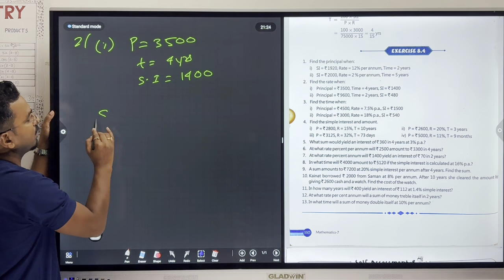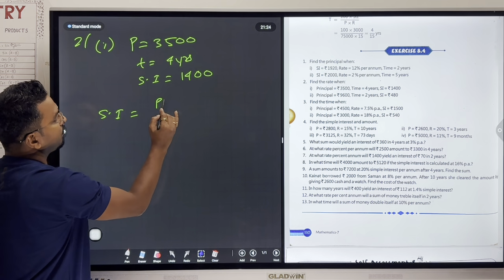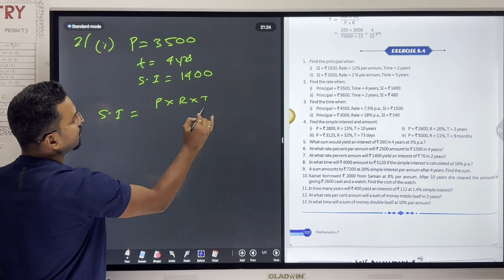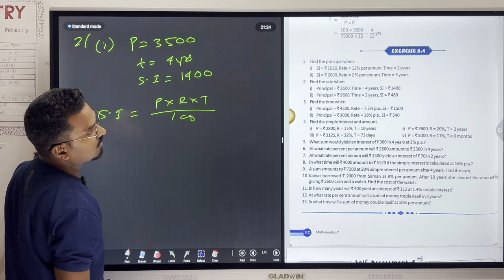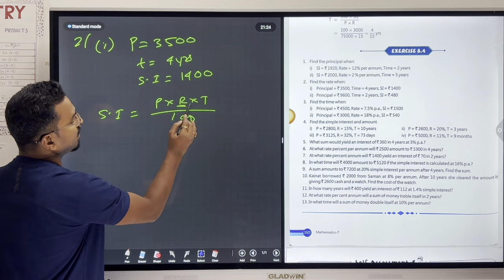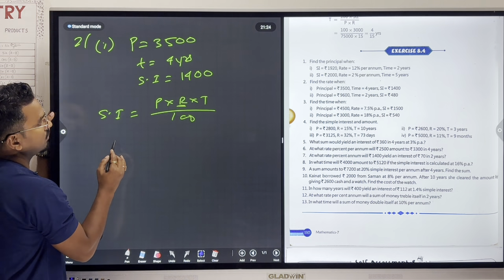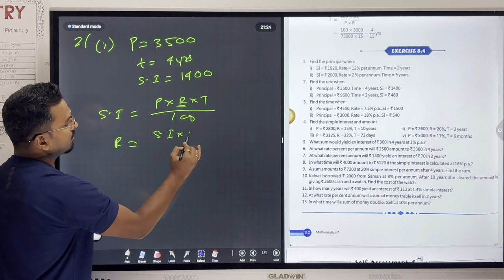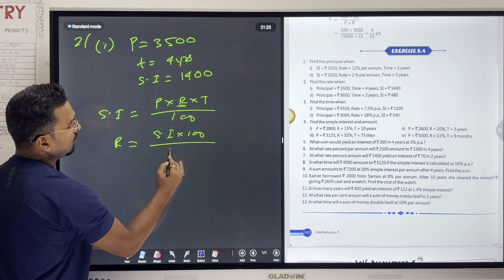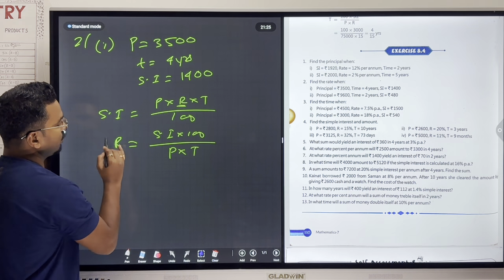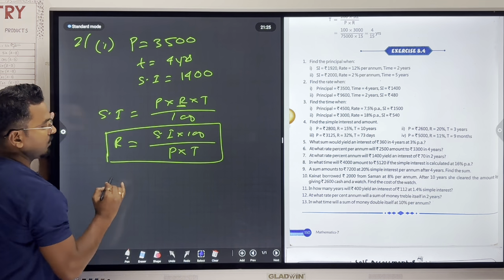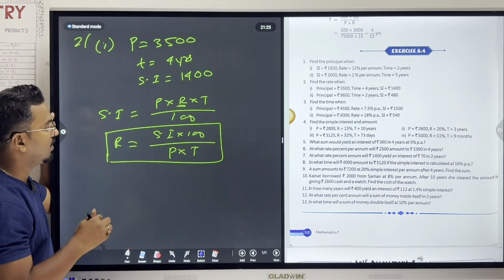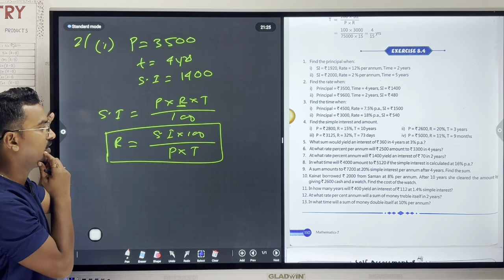Okay. So here also simple interest equals P into R into T by 100. So you have to find the rate, right? So you just keep R, then bring all the others to the other side. So R equals simple interest into 100 divided by P into T. So this is the formula to find the rate.